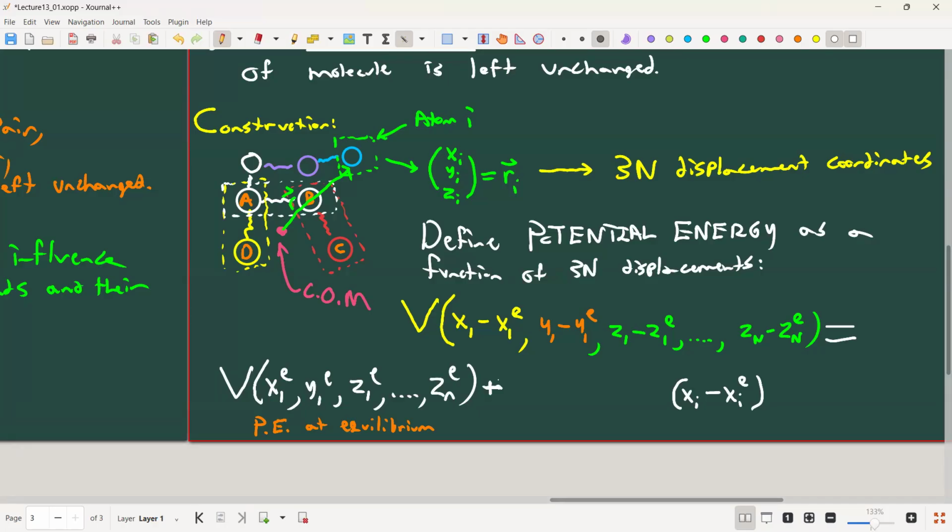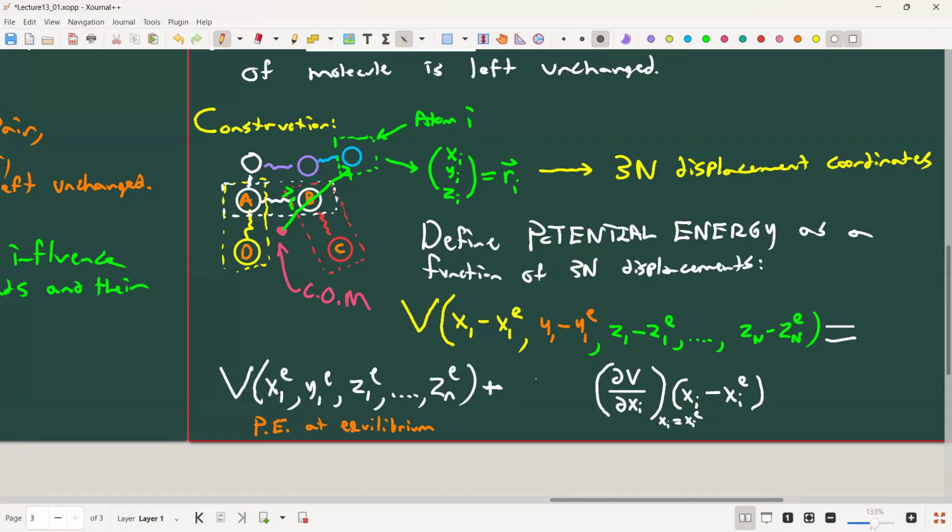So the slope is the derivative of the potential at that point. I could write next to it the slope, which is the derivative of the potential with respect to the coordinate evaluated at equilibrium. And there are 3n of these, because there are 3 coordinates per atom, and there are n atoms.